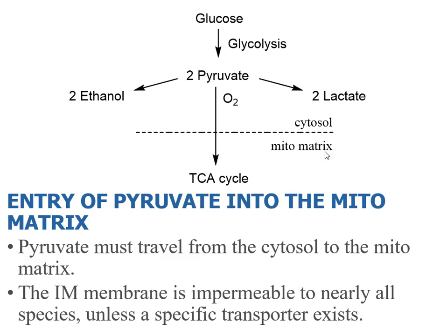That occurs in the cytosol. Getting through the outer mitochondrial membrane is actually fairly easy. There are pores that will allow the passage of the pyruvate into the inner membrane space, but then the pyruvate needs to cross the inner mitochondrial membrane, and that is a lot more impermeable. So transporters are required in order for that to happen.